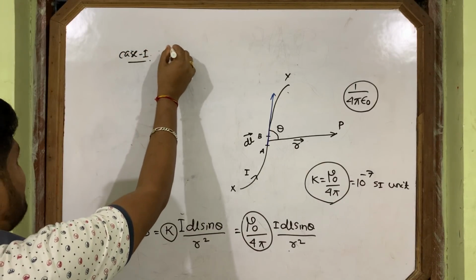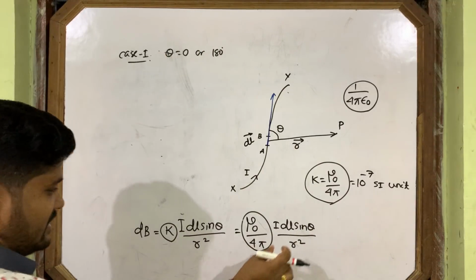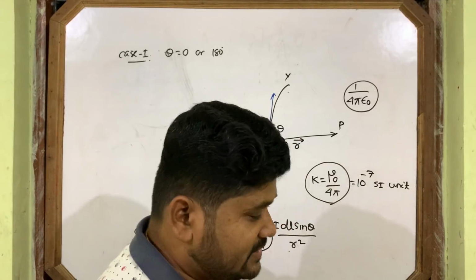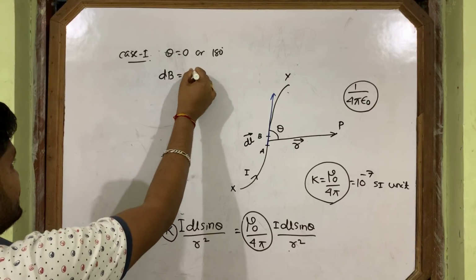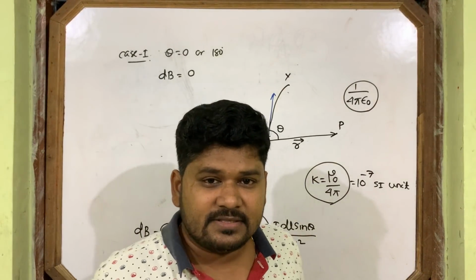Case 1, theta is equal to 0 or 180. As sine 0 is 0, sine 180 is also 0. I discussed the cases combining. So what about dB? dB is equal to 0. What do you mean by this?